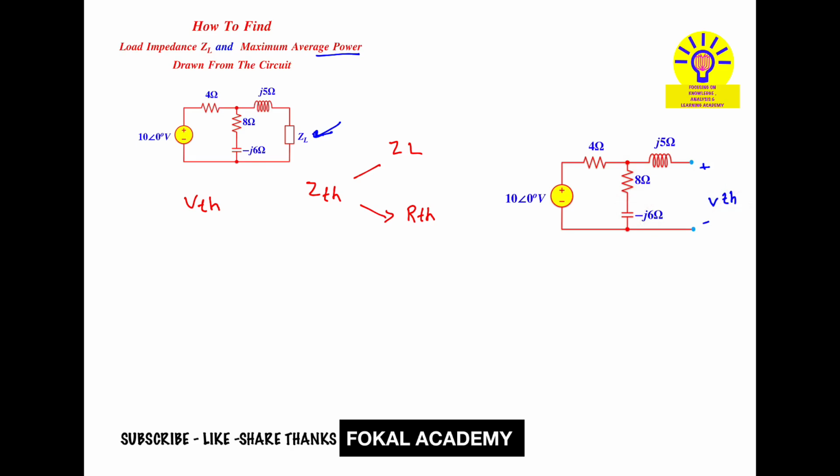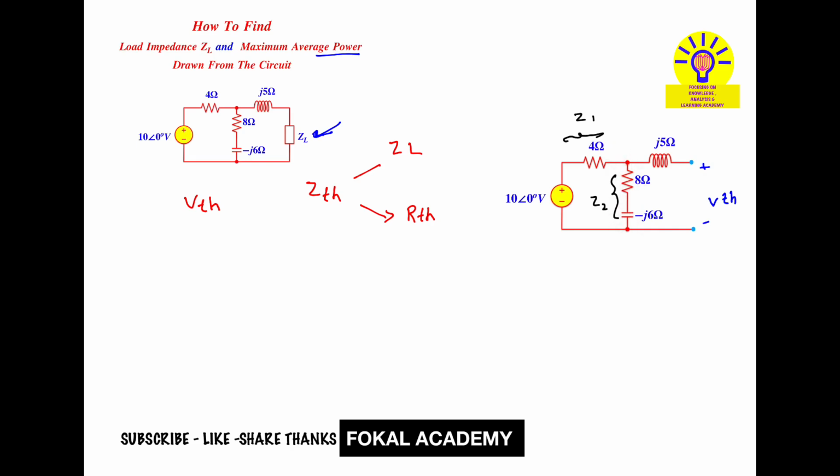Now how can you find the voltage across this branch? Let's consider this impedance Z1 and here the impedance Z2. Z1 and Z2 are in series with this voltage. This branch is open, no use. Now we are going to find the voltage across this branch.